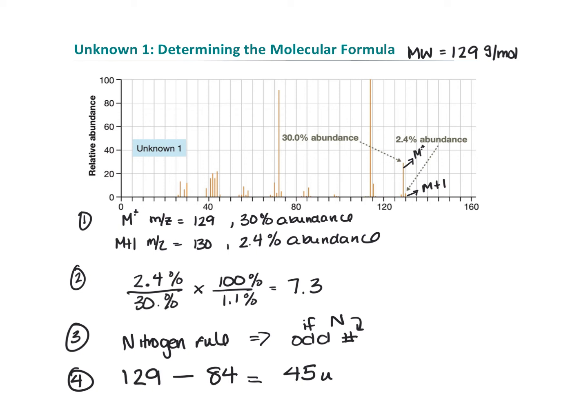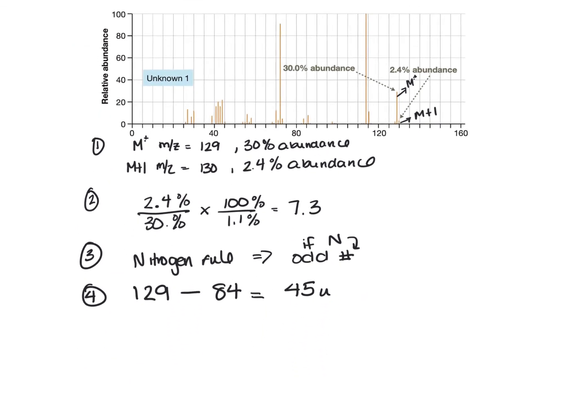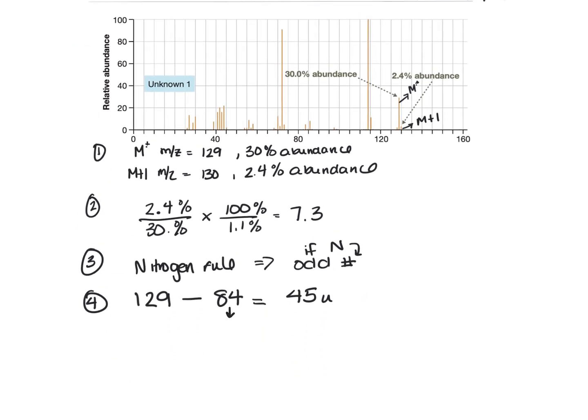Now, here's where we start to make some leaps. That 84 is due to those 7 carbon atoms. We have the idea that we could have a nitrogen since there's an odd number, but we're not really sure. We could have other heteroatoms. If we assume the compound contains 3 nitrogen atoms, that would give us 42.